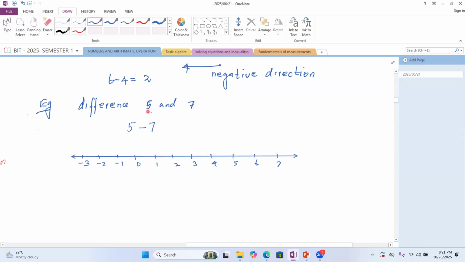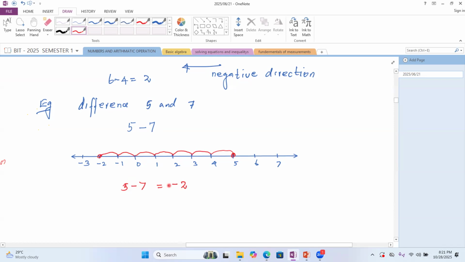Now, we start from 5, the first number. Here, this one is the 5. Then move 7 units in the negative direction: 1, 2, 3, 4, 5, 6, 7. Then we get the result. So 5 minus 7 is equal to -2.